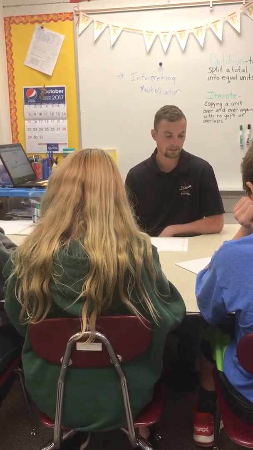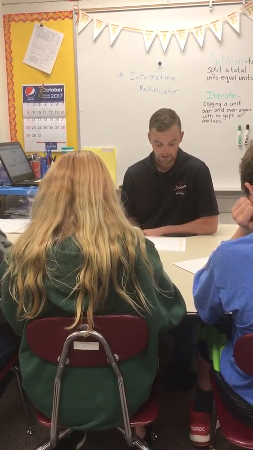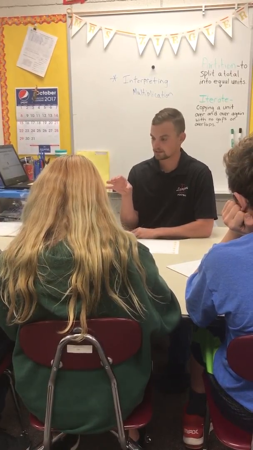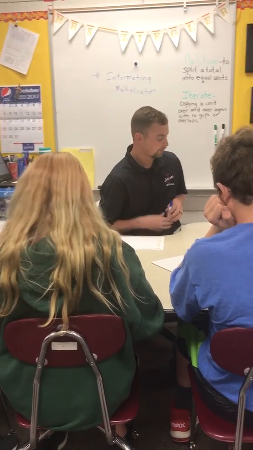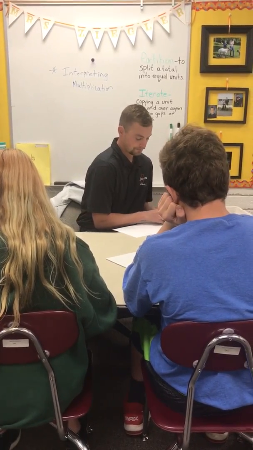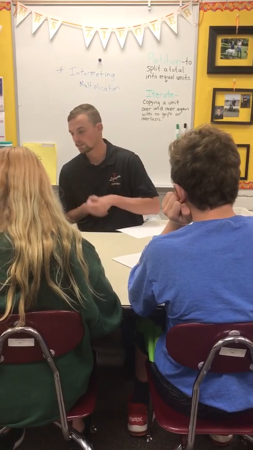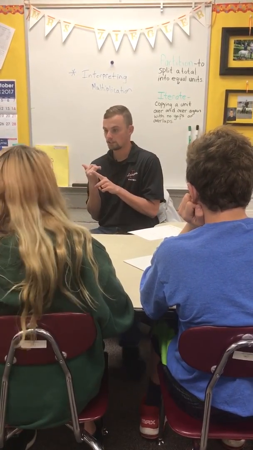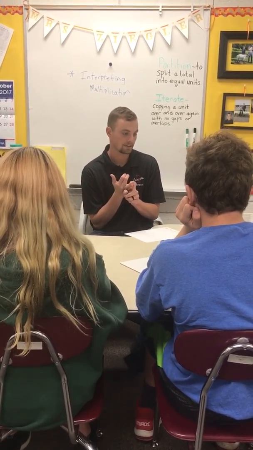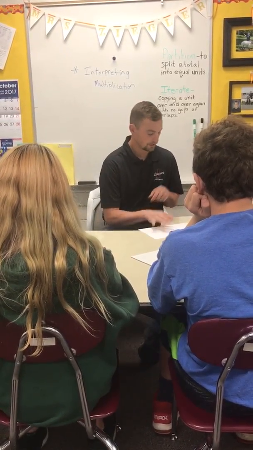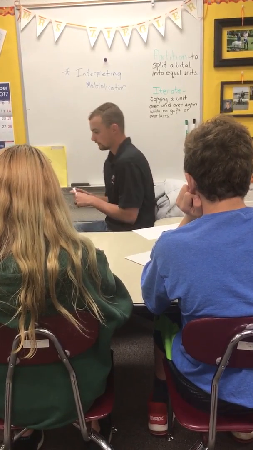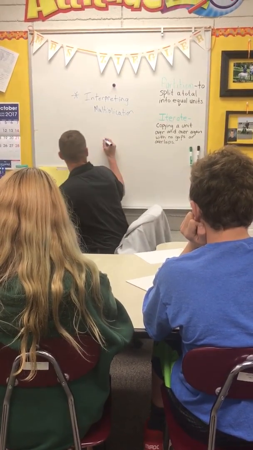So we have a missing number that we need to find. Before we actually solve these problems, we're going to figure out if we're going to use multiplication to solve it or division. And remember, when we're solving division problems, we also use multiplication. Is that correct?